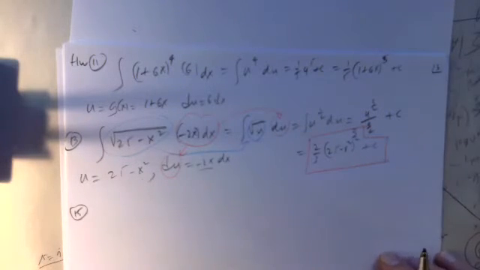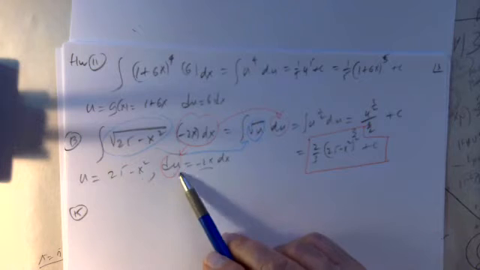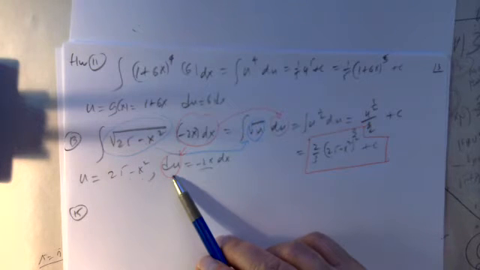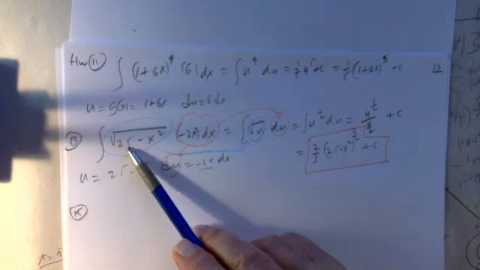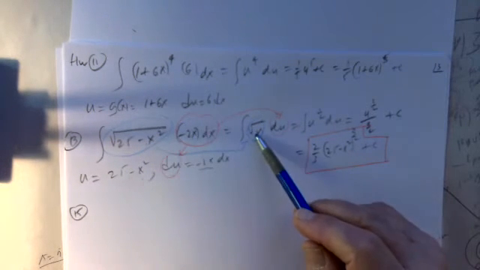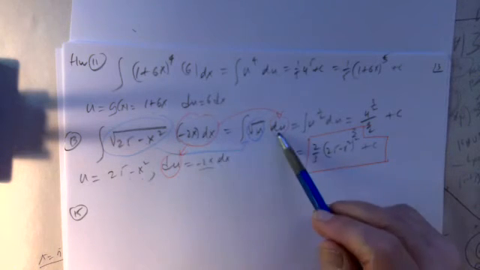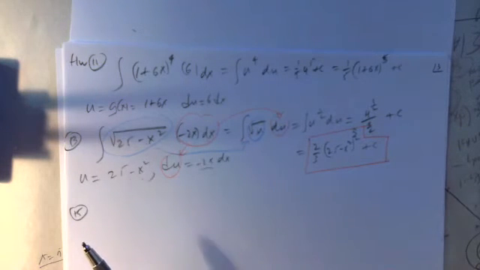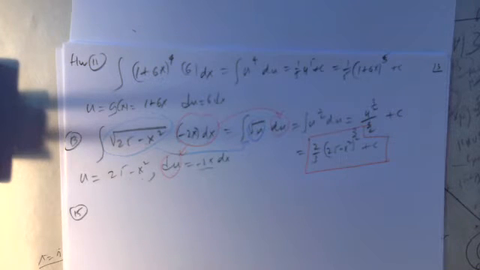You don't drop it. Minus 2x dx is equal to du. When I substitute, square root of 25 minus x squared becomes square root of u. And minus 2x dx becomes du. So I'm not dropping anything. I'm making a very careful substitution. Oh, I see.